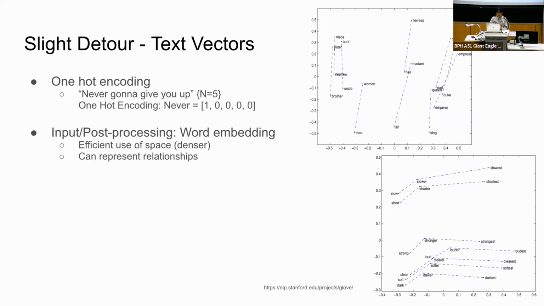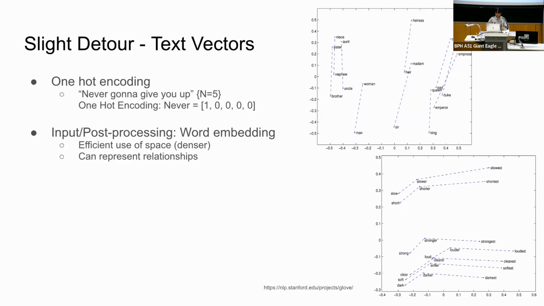How word embedding works is that you're dealing with a similar type of encoding, but you use denser forms to represent the words. Here on the right side, you can see word embeddings from GloVe. Even though the words are represented in a compact form, they also have some sort of meaning.